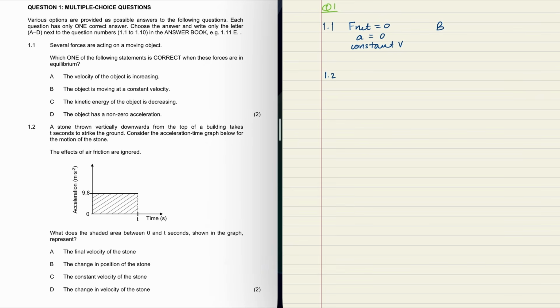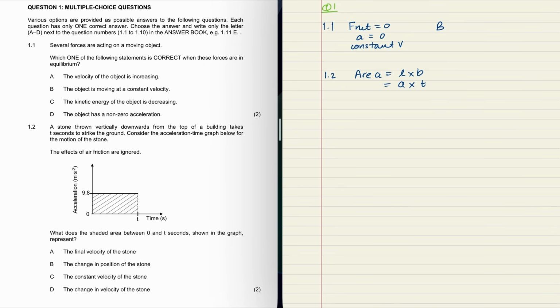So if we're working out area here, remember that the area, and that's a rectangle, is going to be length times breadth. It doesn't matter which you use as length or breadth. Let's just use acceleration multiplied by time. So we want to figure out what acceleration times time is.